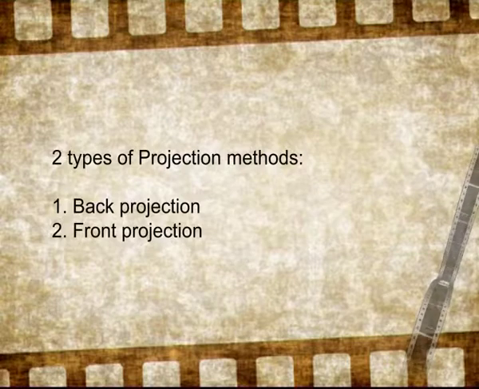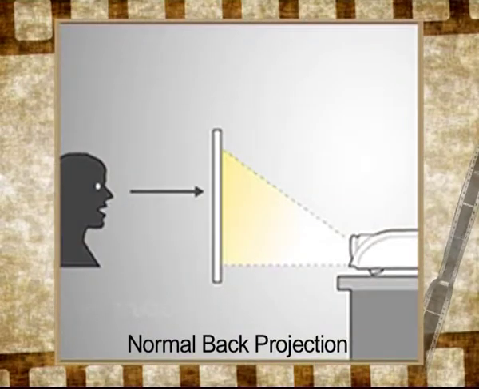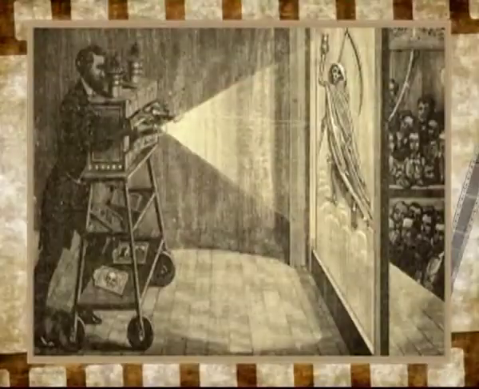Projection methods are of two types, the back projection and the front projection. In back projection, actions are staged in the foreground in front of a translucent screen where images of the site are being back projected. The camera shoots this entire ensemble.